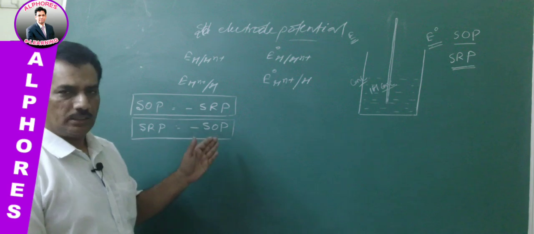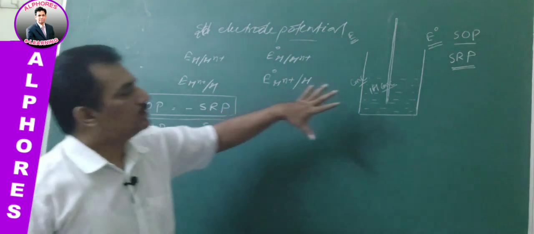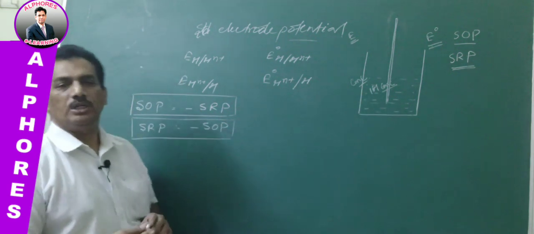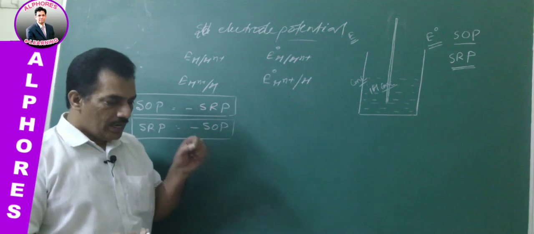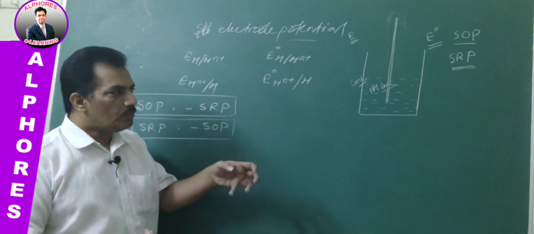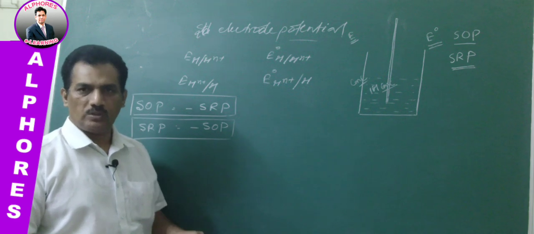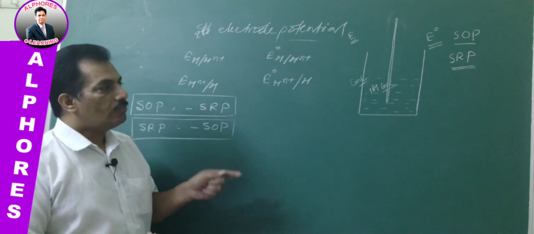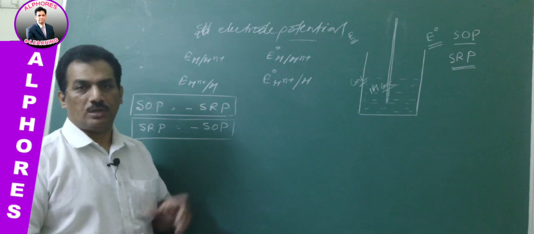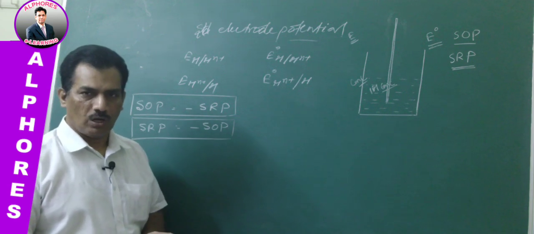Now, standard electrode potential is simply the potential developed when an electrode is dipped or immersed in its own salt solution of 1 molar concentration. Concentration is unity, or 1 molar.